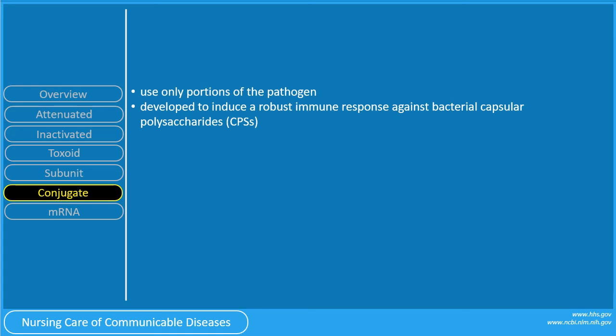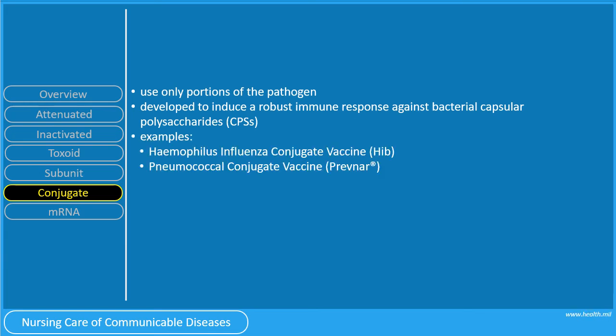Much like the subunit vaccine, conjugate vaccines use only portions of the pathogen. They are developed to induce a robust immune response against bacterial capsular polysaccharides. Examples of conjugate vaccines would be the Hib or the Haemophilus influenzae conjugate vaccine and the pneumococcal conjugate vaccine, PCV or Prevnar.